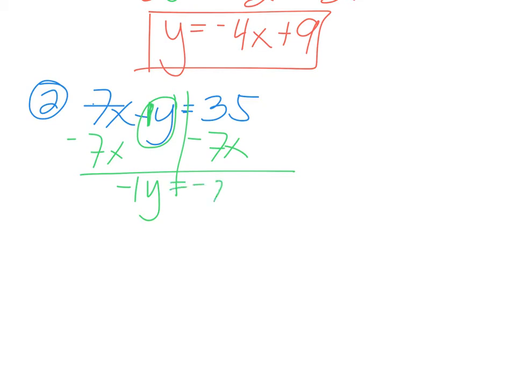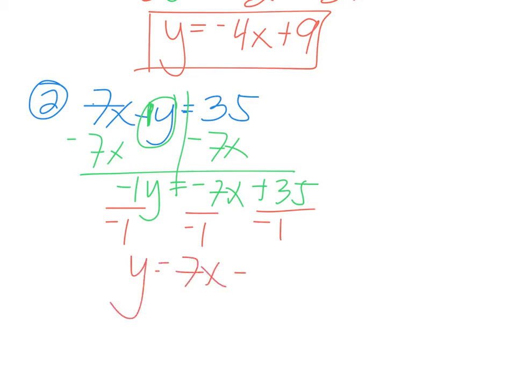Again, I'm going to write my x terms first, negative 7x, plus 35, and then I'm going to divide everything by negative 1. So y is equal to 7x minus 35. Is y isolated? Yes. So therefore, that is your answer in y equals mx plus b.